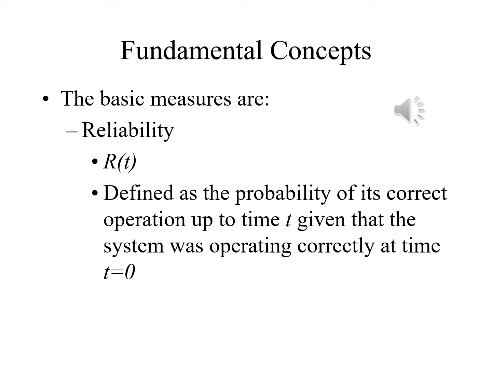The reliability, R of t, of a system is defined as the probability of its correct operation up to time t, given that the system was operating correctly at time t equals 0. For computer systems and operating systems, the term correct operation means the correct execution of a set of programs and the protection of data from unintended modification.